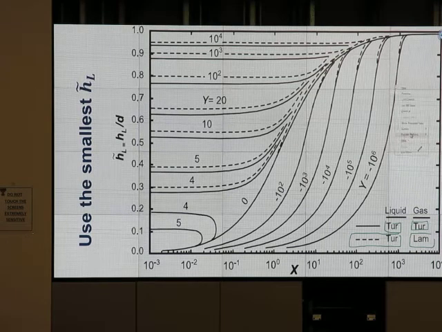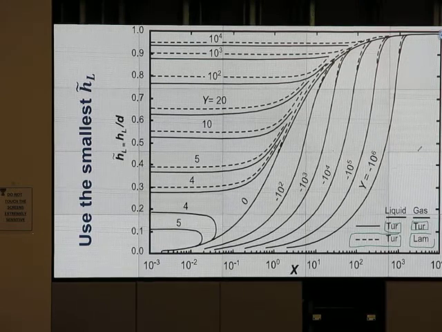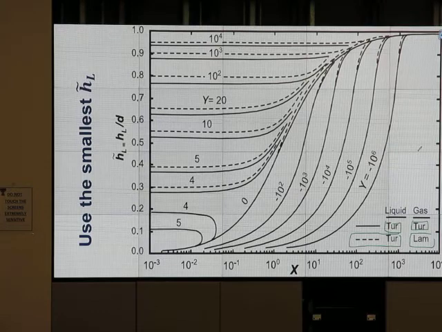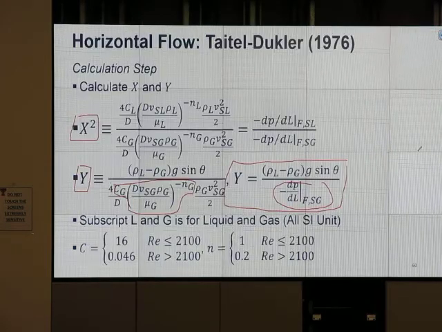How do I know that liquid is turbulent and gas is turbulent or laminar? I don't know any of that until I finish my calculation, but the quick way is to look at the superficial Reynolds number, rho V D over mu. If it is more than 2100, I can assume for now that it is turbulent flow.